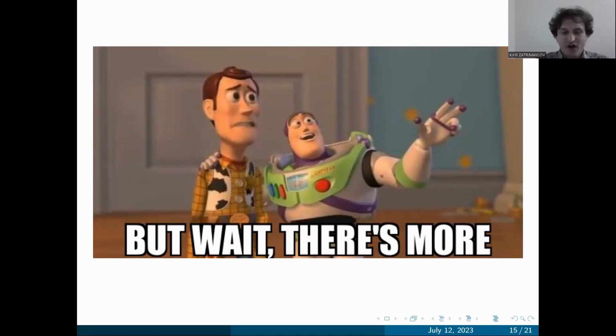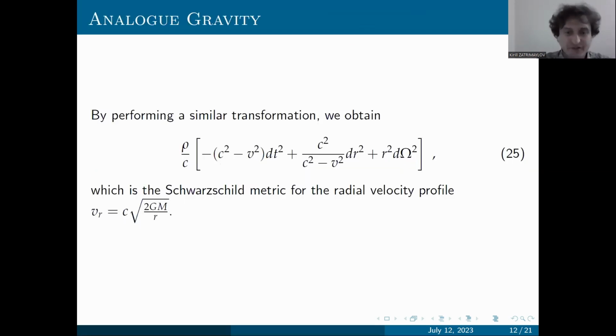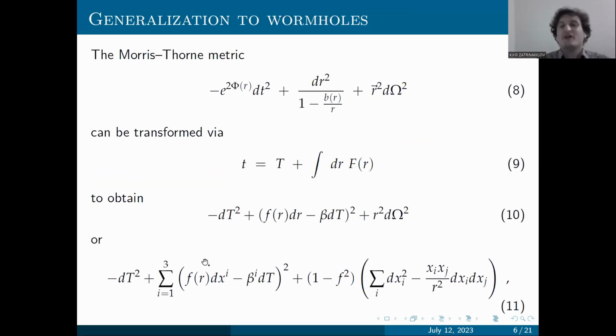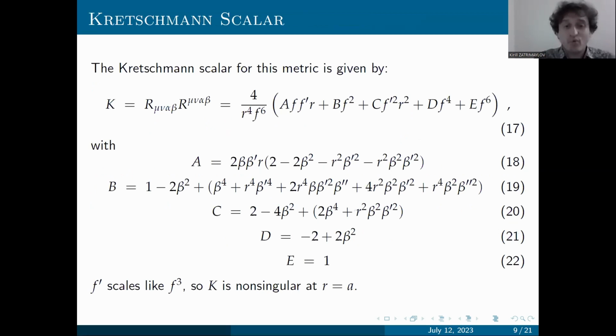Now, if we come back to this kind of metric, and forget about the wormhole, so now we assume a Minkowski type background, and this is just a more generic type of warp drive metric.